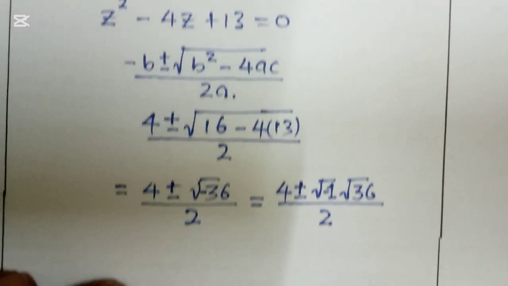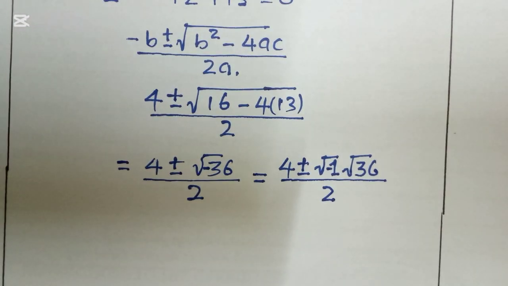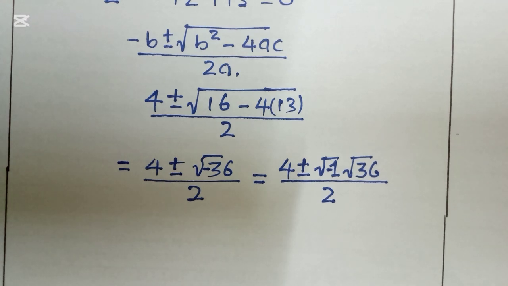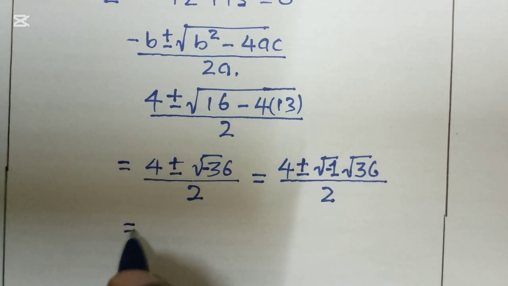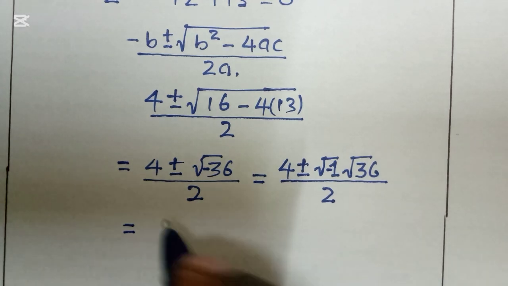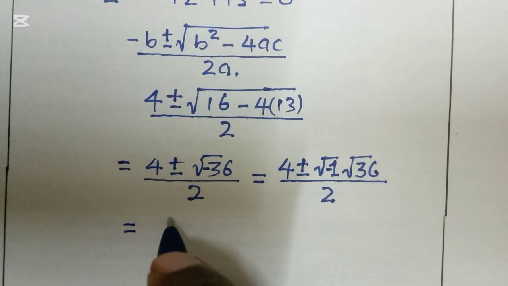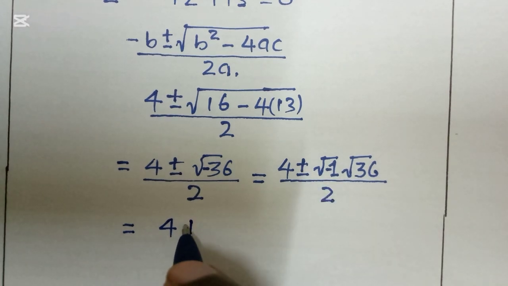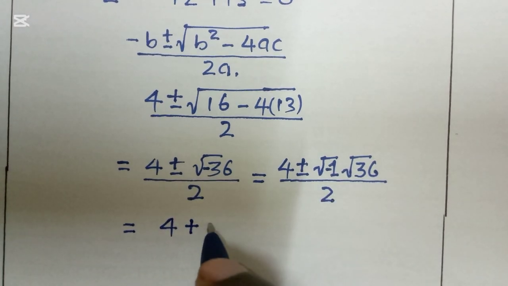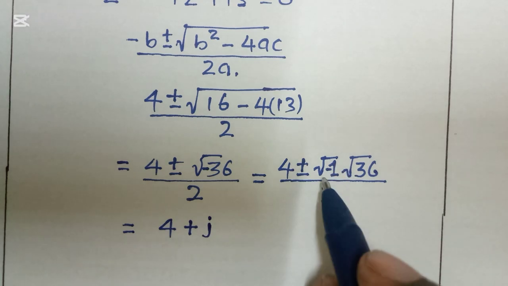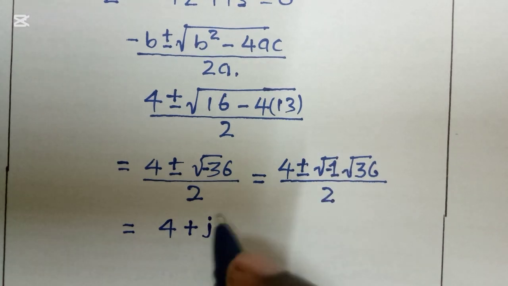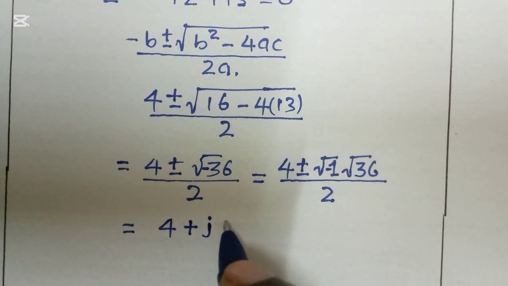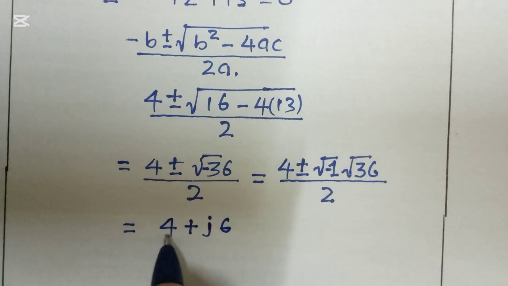And now guys, because we know what it means, square root of negative 1 is actually j, which is a complex number. And so guys, we can now do it like this. 4, instead of writing plus or minus, I write plus first, j, which is square root of 1, and then we have square root of 36 is 6, all over 2.